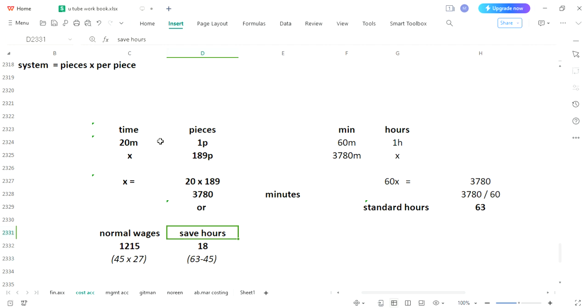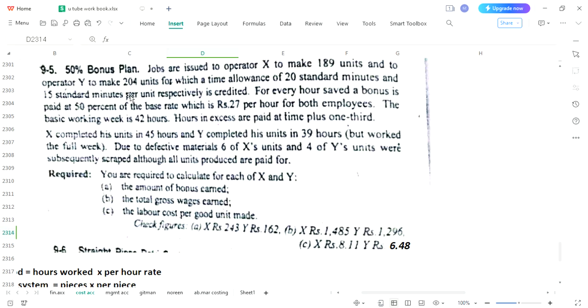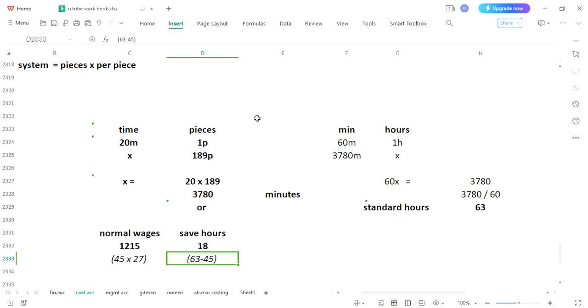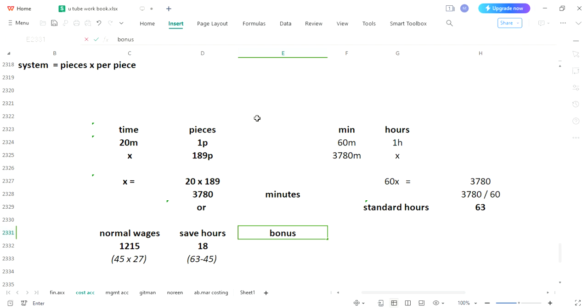Normal wages are calculated, and payment for saving hours we are going to make. For every hour saved, a bonus is paid at 50% of the base rate of 27. Bonus would be calculated now. For the bonus, it has been said every hour saved, 18 hours saved, would be multiplied by the 27 per hour rate, but payment would not be given in full.